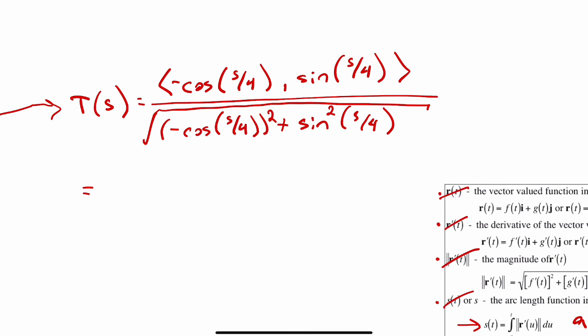That denominator is equal to 1, so we get negative sine of s over 4, comma, cosine of s over 4.